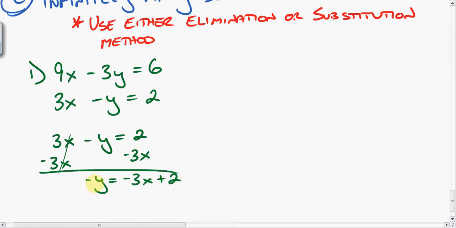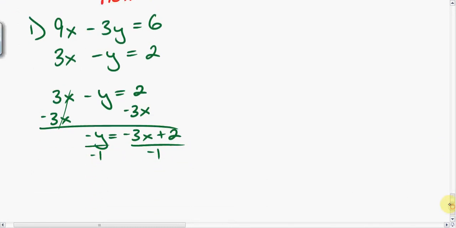Can't leave it like this because of this negative, so I'm going to divide both sides by negative 1. And I'm going to see y equals positive 3x minus 2. So I've taken the second equation, I've manipulated it, reworked it, and solved for y.